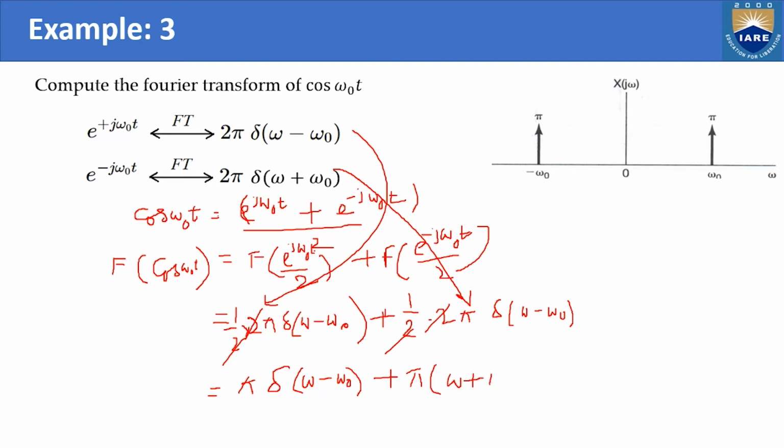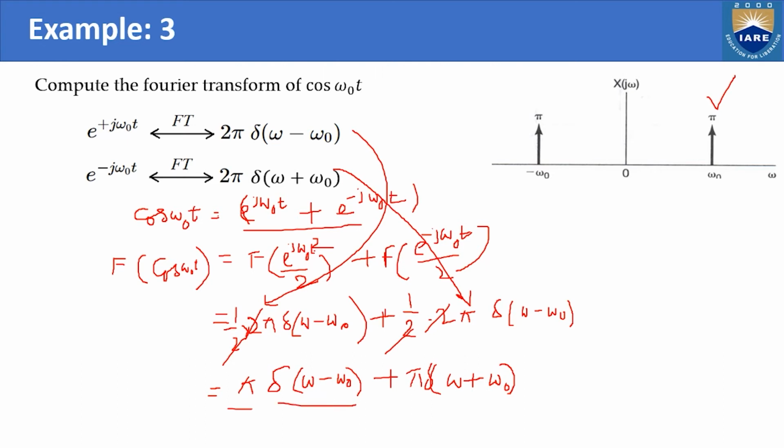So omega plus omega naught means omega equal to minus omega naught. I have another impulse. This is nothing but a delta function with amplitude pi, which is given here, and location is omega naught.